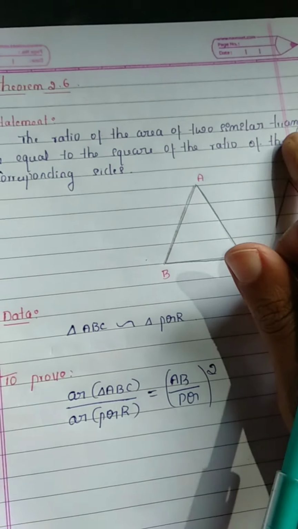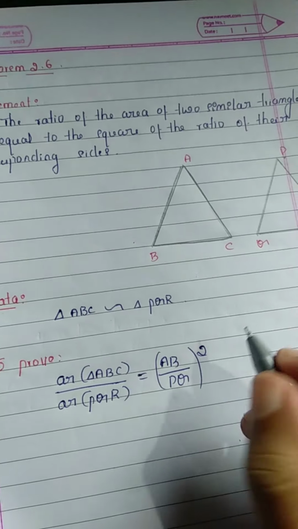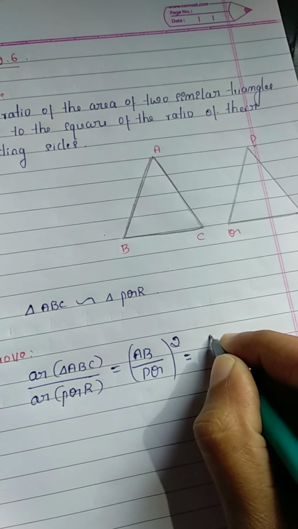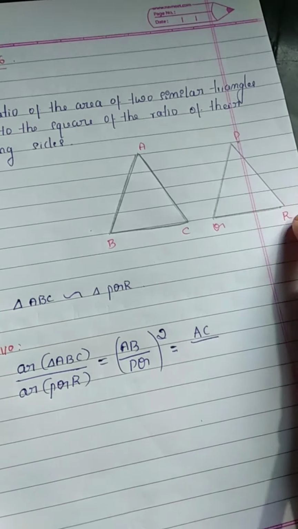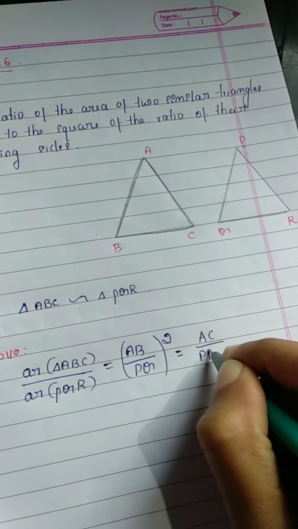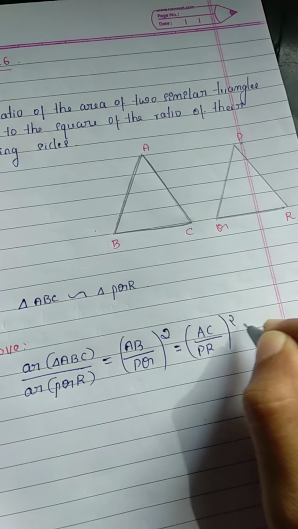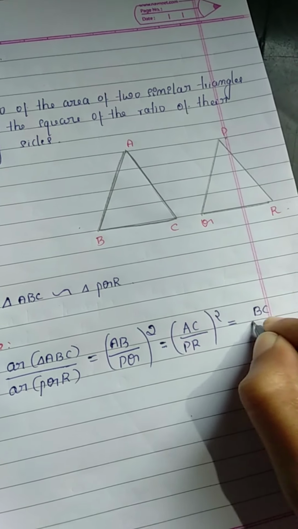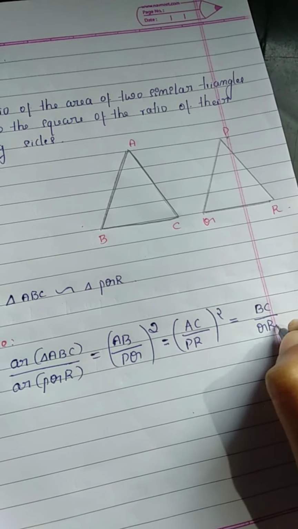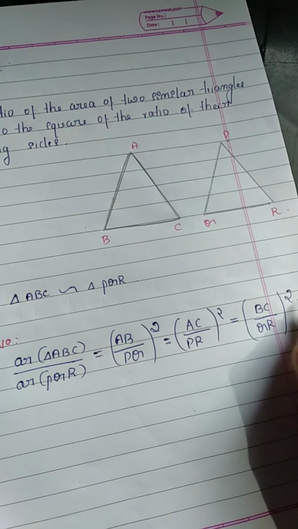For a side AC, the corresponding side is PR, whole square. Next side BC, the corresponding side is QR, whole square.